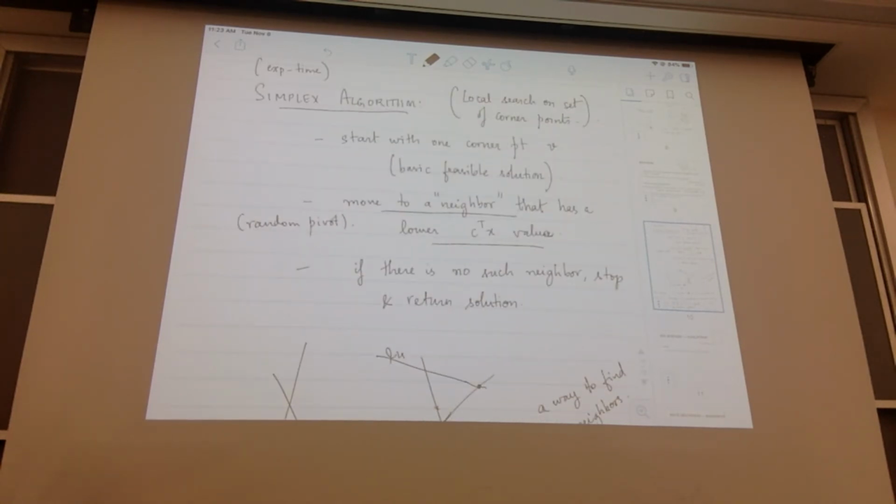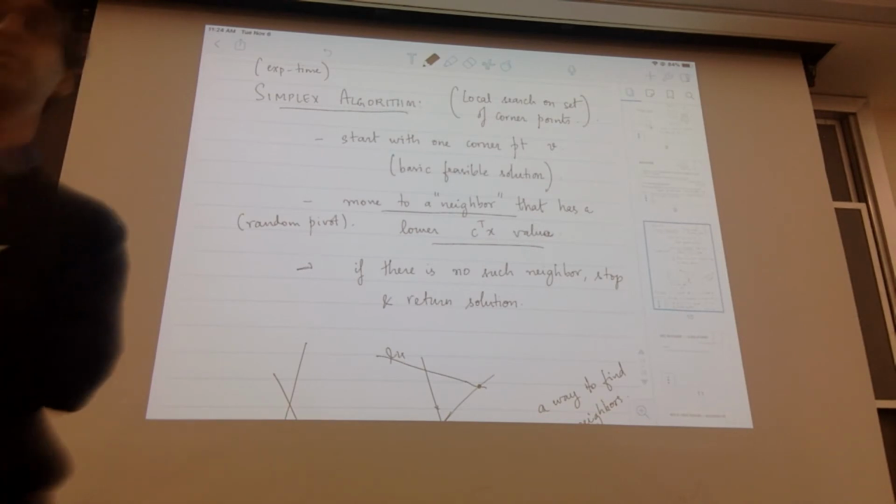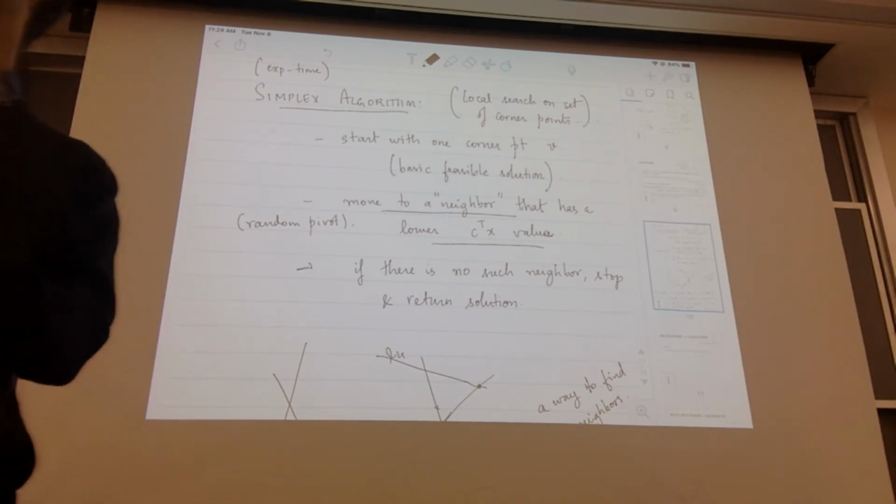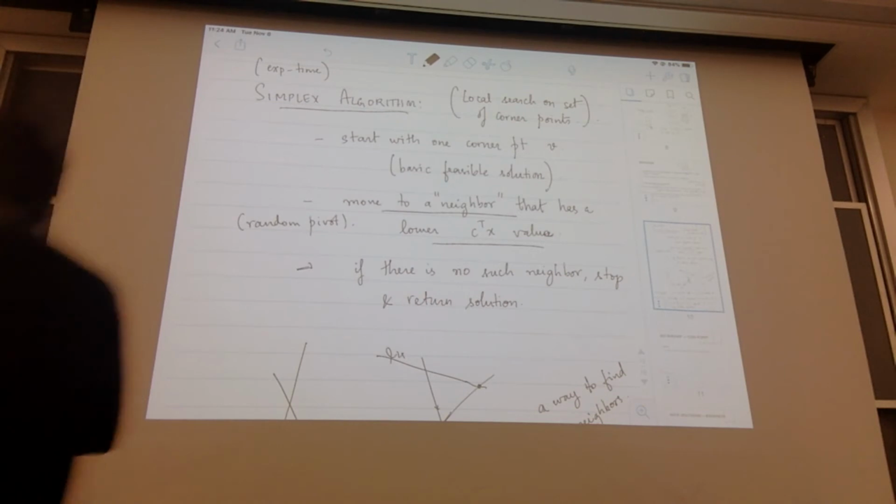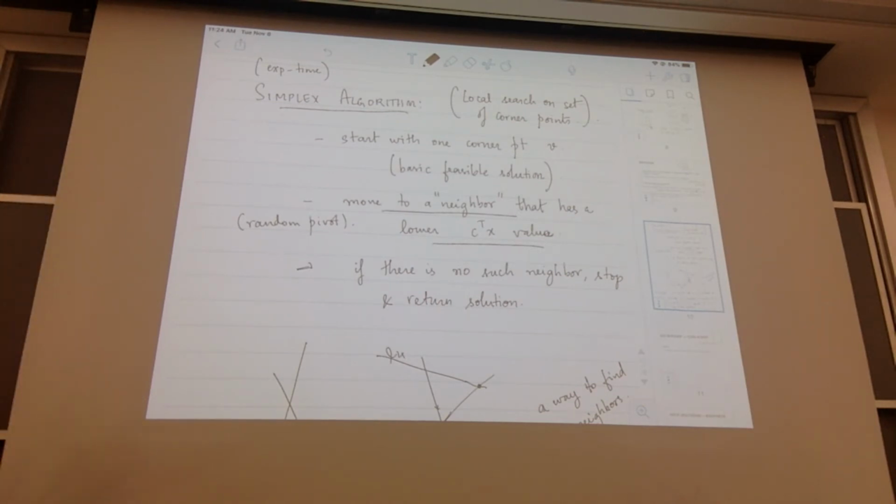Alright, and then comes the next point: the correctness of this algorithm. We stop if there is no neighbor such that the cost improves. The question is, why should this be valid? Can you not get stuck?